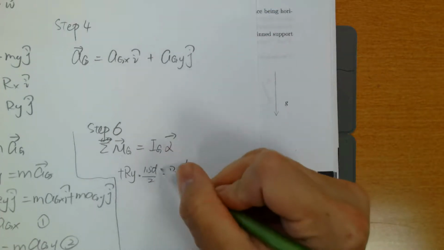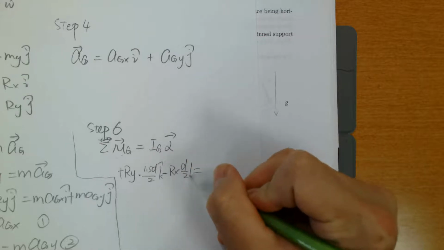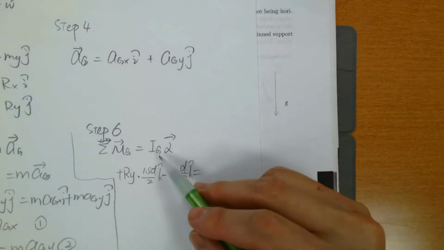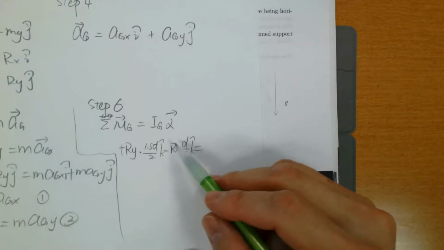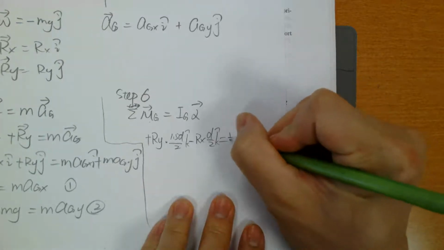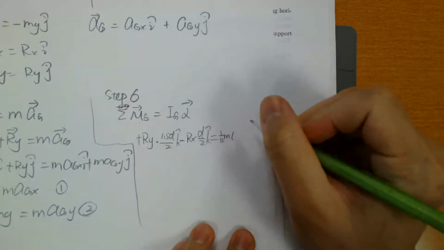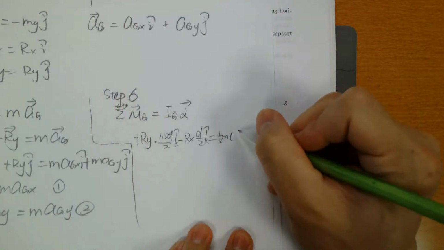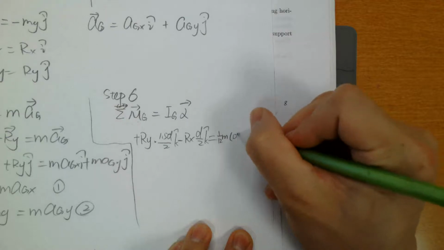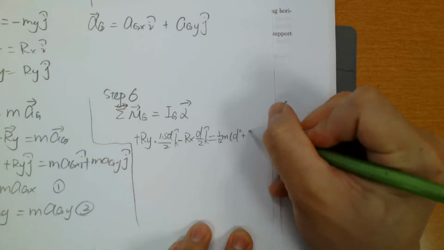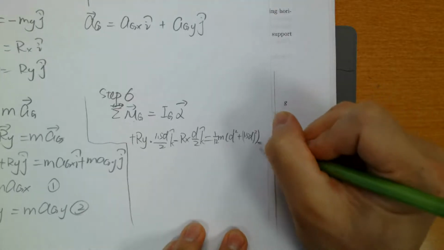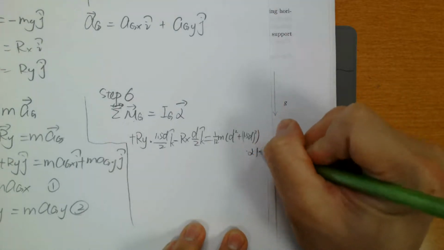If you want to add directions, those moments should be in the k direction. Ig, if you look up the table on page 303, Ig equals 1 over 12 mass times the width squared plus the length squared. In this case, it's going to be d squared plus (1.5d) squared, times alpha k.